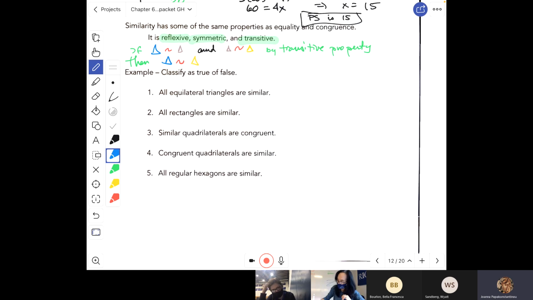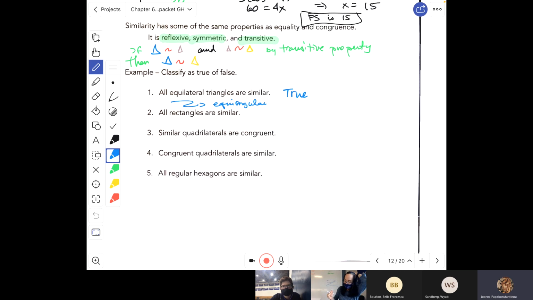This is true, because if you think about it, equilateral triangles are also equiangular, right? So if you change the side length, you're not changing the angles.